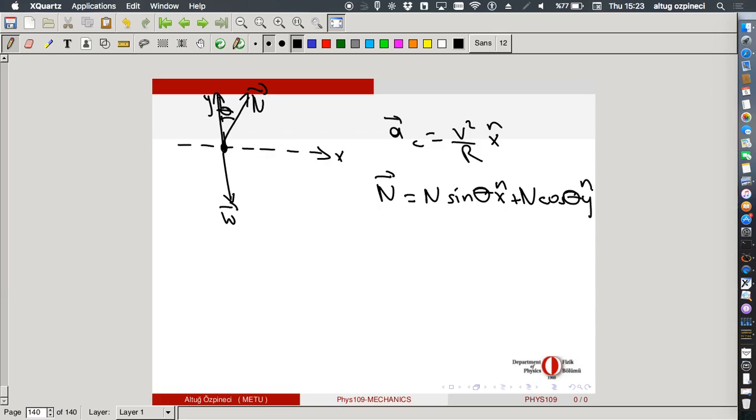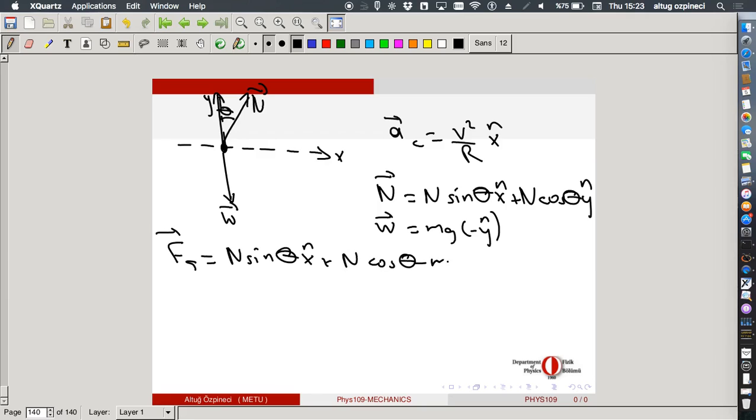We have the weight, which is mg in the minus y direction. And the total force is just n sine theta in the x direction plus n cosine theta minus mg in the y direction. So this is the total force acting on my object.